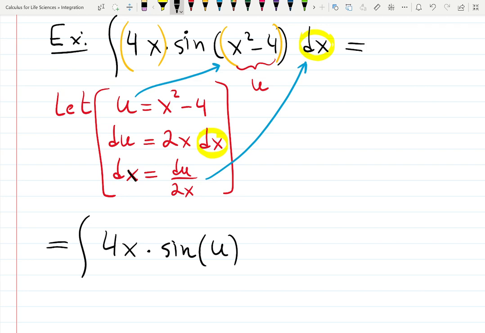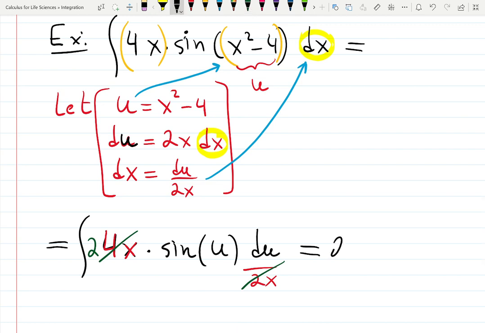When I took the derivative of u, the choice was so good that now it will cancel out. When I plug in du, I'm dividing by 2x from the formula, which will cancel out with 4x. So 2 still stays.